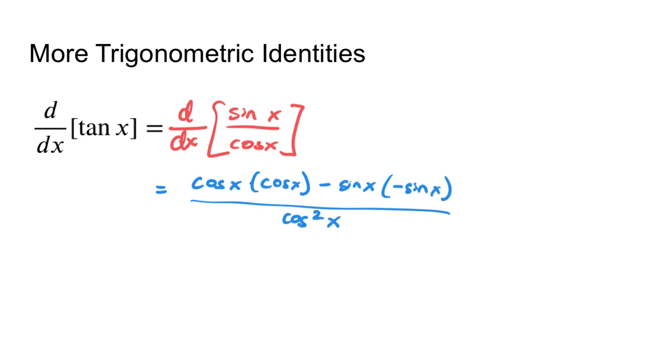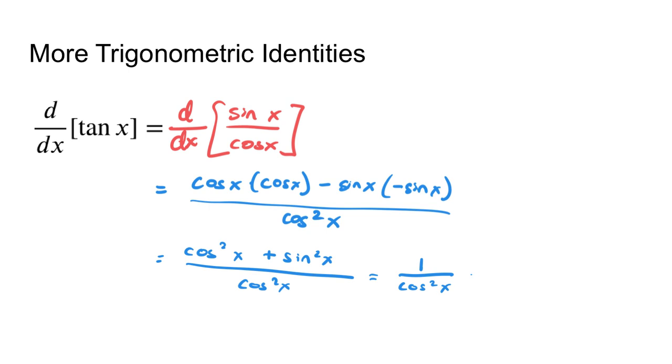So on the top, that gives me the cosine squared of x. Ooh, and here a negative times a negative is a positive. And sine, that's sine squared of x, all over cosine squared of x. And I know that sine squared plus cosine squared is equal to 1. So this is 1 over the cosine squared of x, which is in fact the secant squared of x.